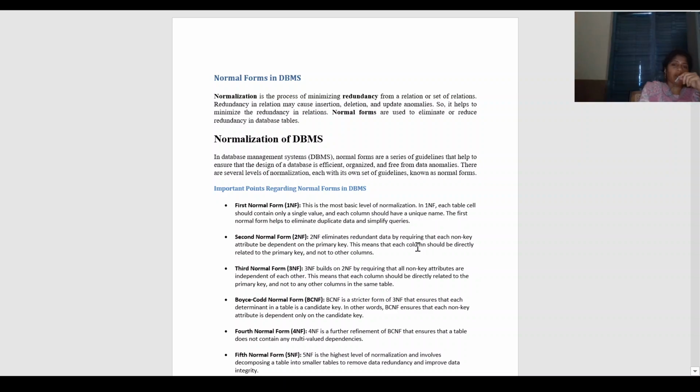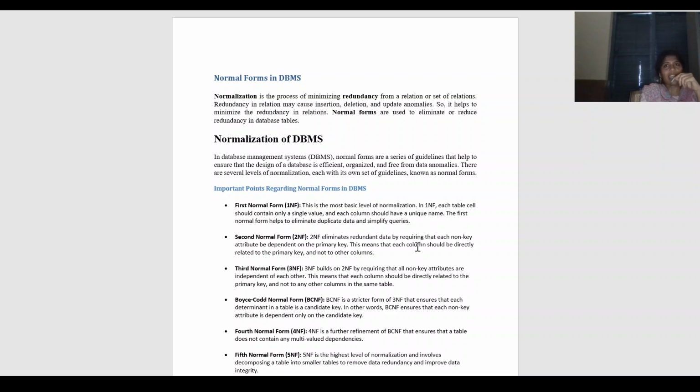What is first normal form? This is the most basic level of normalization. In 1NF, each table cell should contain only a single value. For example, one product is there, and the price is 20 rupees and 30 rupees.